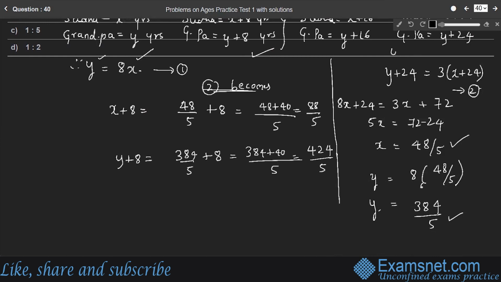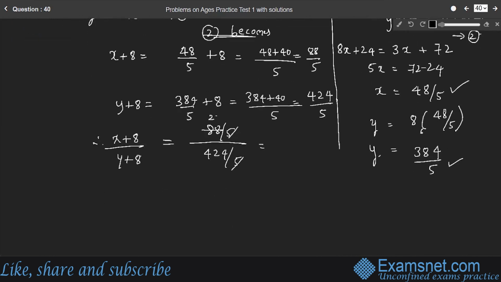424 by 5. Here we need the ratio of these two. Therefore, Sudha's age is to grandpa's age, x plus 8 is to y plus 8 years ago. It is 88 by 5 divided by 424 by 5. 5 and 5 will get cancelled. We have 88 by 424. Both the numbers are divisible by 4.